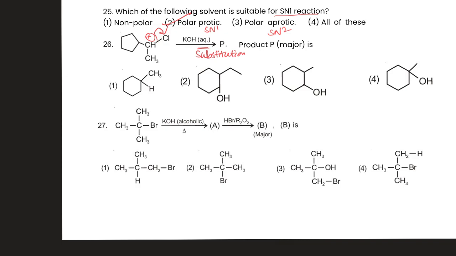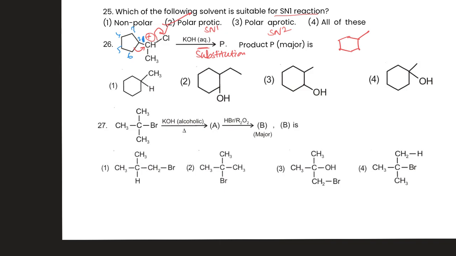Now a five-membered ring is generally a strained molecule, so it expands its ring and converts into a six-membered ring. For understanding purposes, we can give numbers: this is 1, next is 2, this is 3, this is 4, this is 5, this is 6.